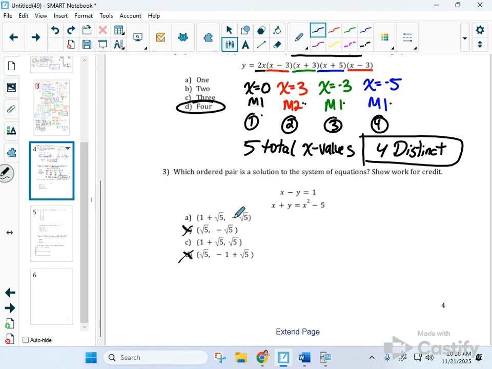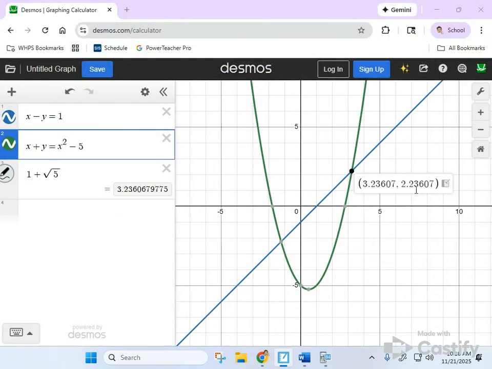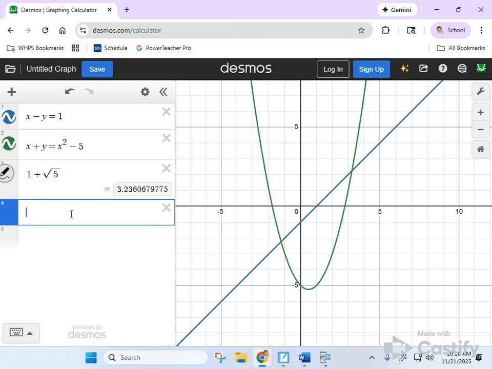Now I need to figure out, is the y value positive root 5 or is it negative root 5? So we go back over to Desmos and we see 2.23607. That's the same y value. The square root of 5 is 2.23.